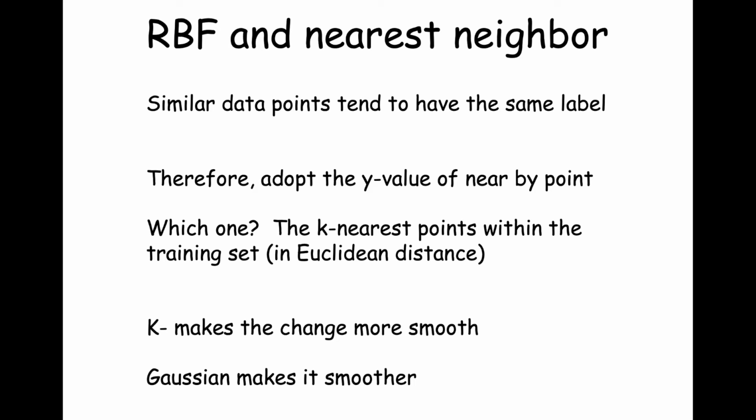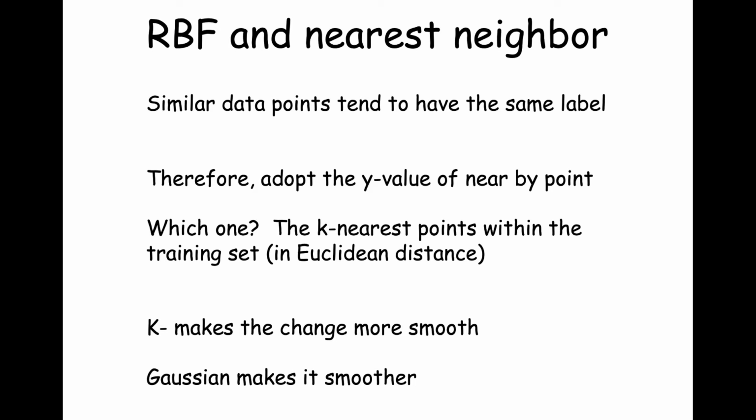Now, of course, you might ask, which one? Well, you don't just take a single nearest point. For smoothing's sake, you take the k nearest points within the training set using things like, for example, Euclidean distance, but it's not limited to Euclidean distance. And so when you increase k, what happens?